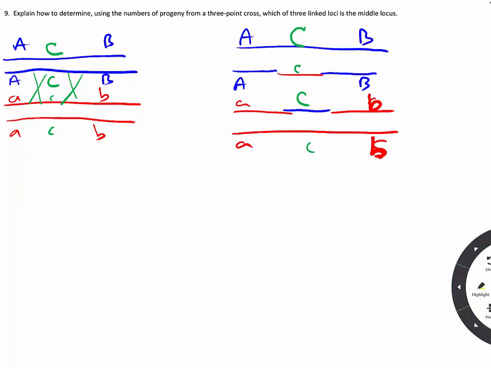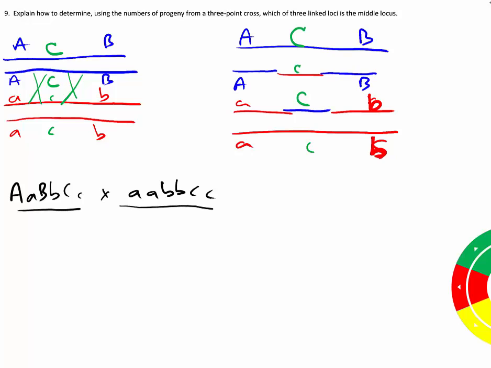The way this will look in an example would be something that's heterozygous for 3 genes is test crossed, and if these genes are linked, we want to know which one is in the middle. And so I've drawn them like this, but we don't know which one's in the middle. I just sort of picked a random order.